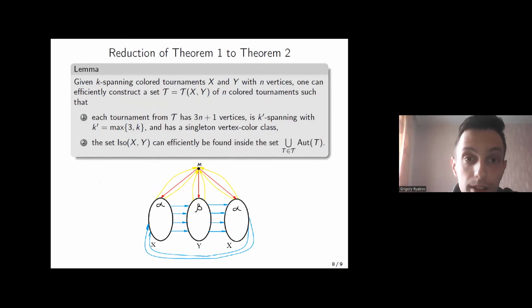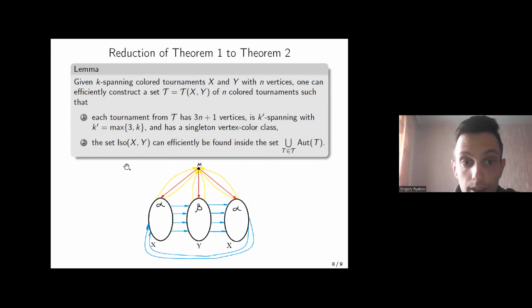Given k-spanning color tournaments X and Y with n vertices, one can efficiently construct a set, say T, of n colored tournaments, such that each tournament from T has 3n plus 1 vertices, is k-prime spanning, where k-prime is the maximum of 3 and k, and has a singleton vertex color class.